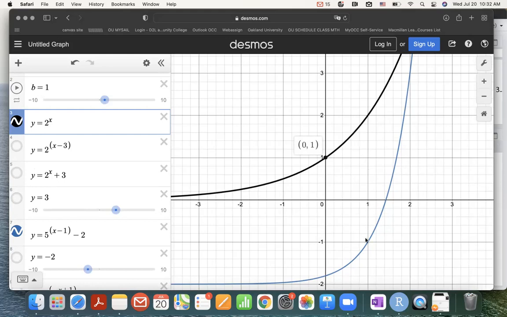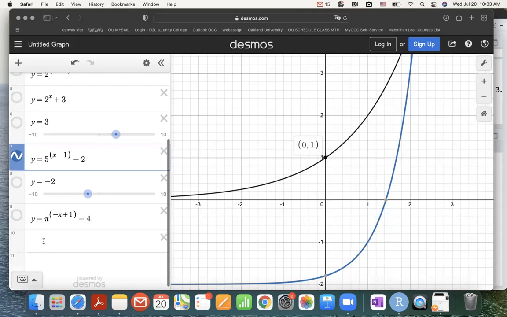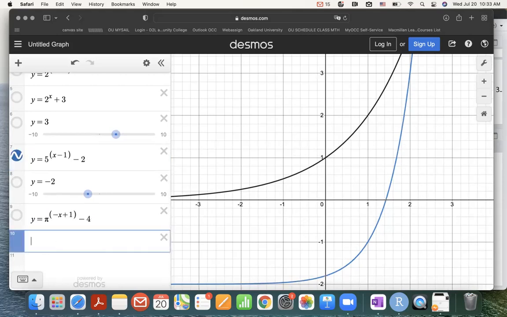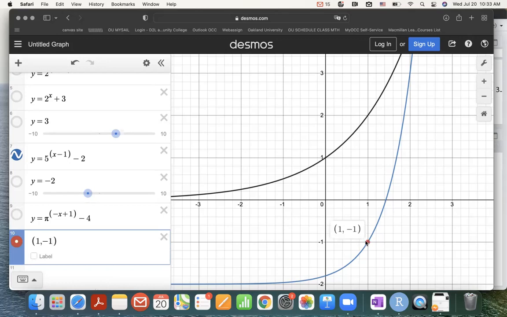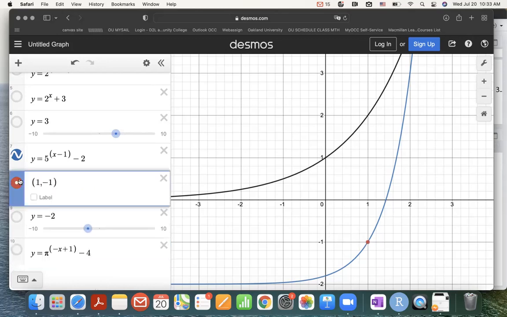That gives the point (1, -1), right there. Label it.